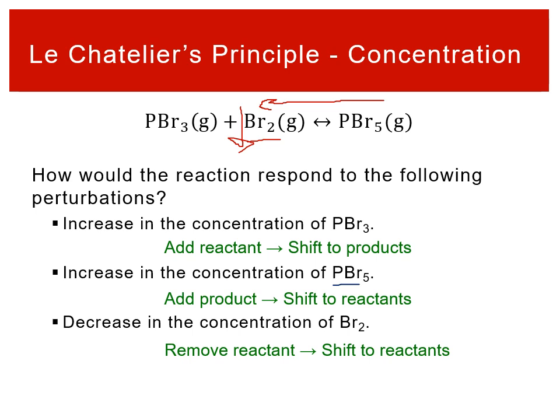We would expect that overall the PBr5 amount would decrease and the PBr3 amount would increase. So you would replace the lost Br2 at the expense of the PBr5, those product molecules, making additional PBr3. So we can think, what do I not want? What do I want? How can I add things in or remove things to drive the changes that I want to cause?